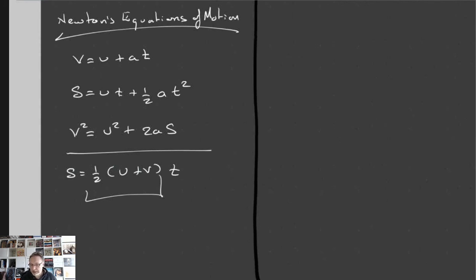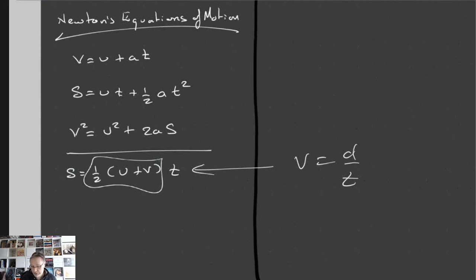And that's what you calculate when you do that. You've worked out the average velocity times time. So it's a little bit of a link to speed is distance over time again. The distance is the average speed times the time.